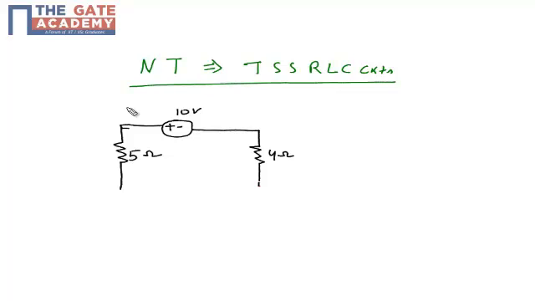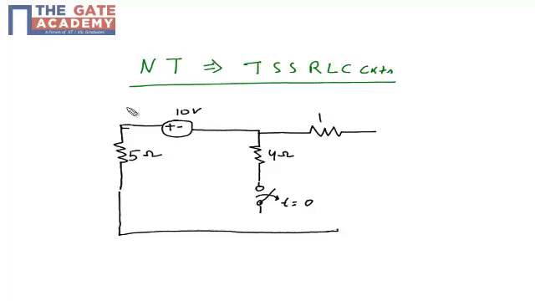Along with that resistor there is a knob or key which gets opened at t is equal to 0. Along with this there is one more resistor, the value of 1 ohm, and there is a capacitor with the capacitance of 5 farad.